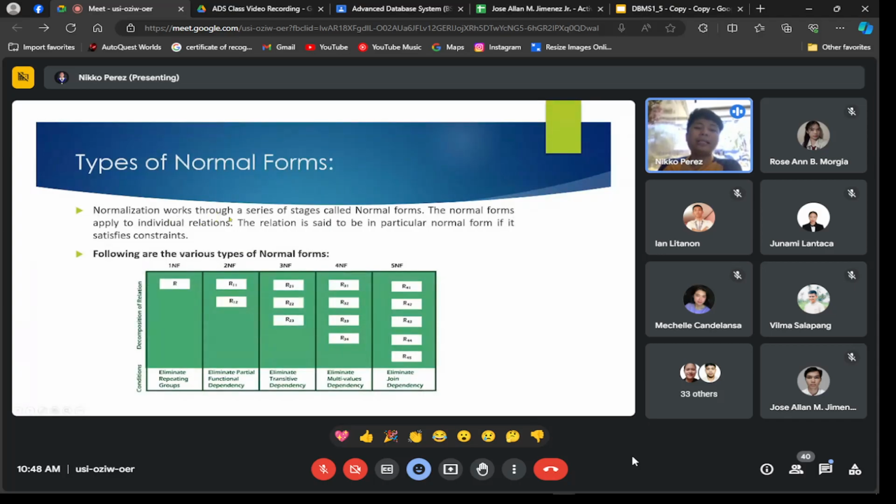Normalization works through a series of stages called normal forms, or NF. The normal forms apply to individual relations, and a relation is said to be in a particular normal form if it satisfies the constraints. So there are also policies or rules that we have to fulfill before we can say that this is already the first normal form, or this is already the second normal form.